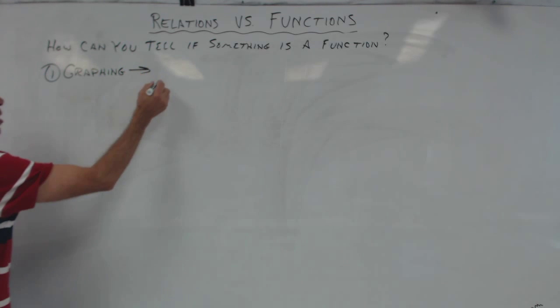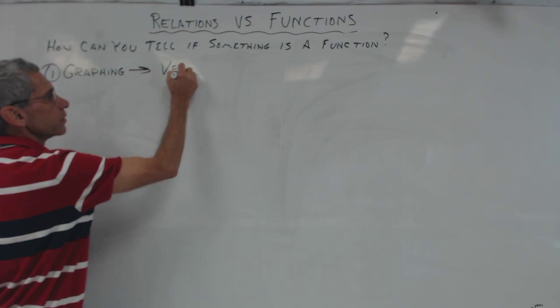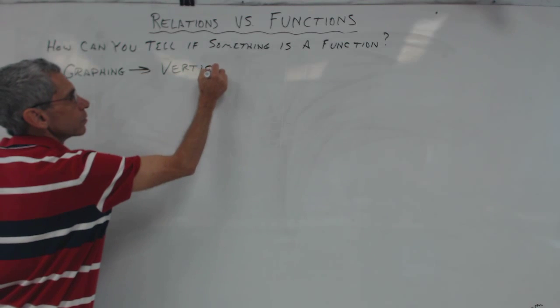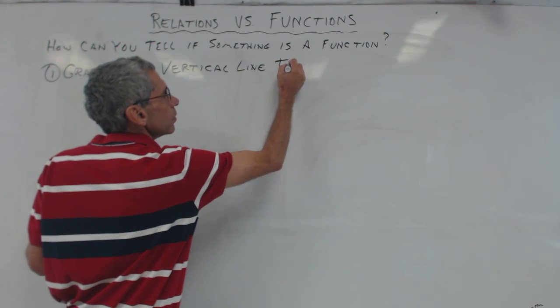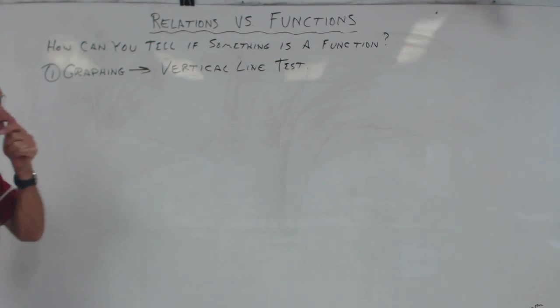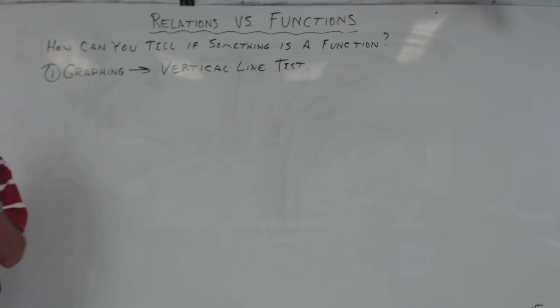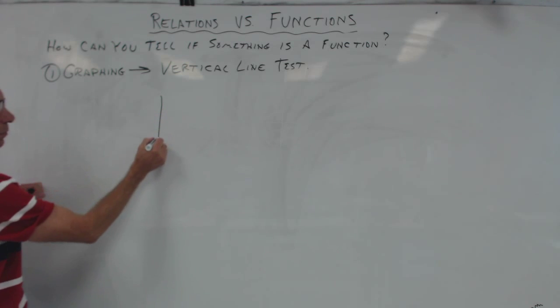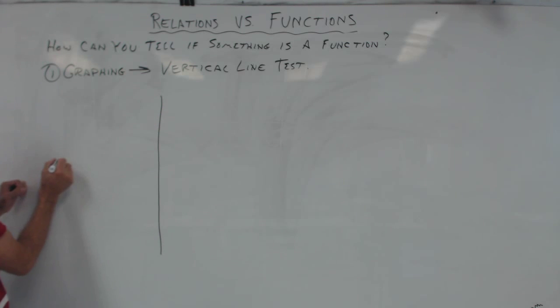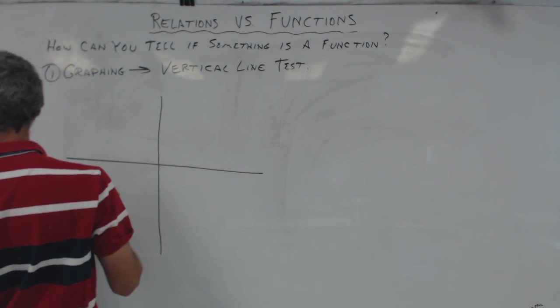And there's a thing called the vertical line test. Okay? You guys with me so far? Making sense? All right, so here we go. We've got a graph. I just realized I need a vertical line.